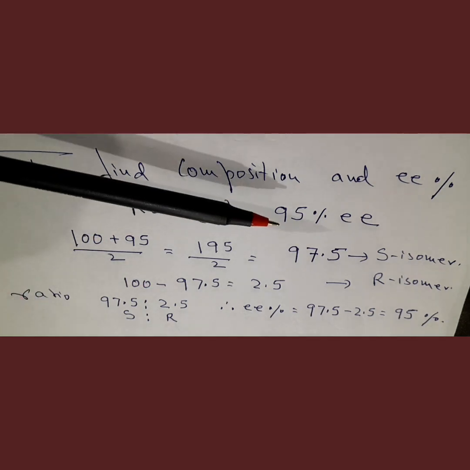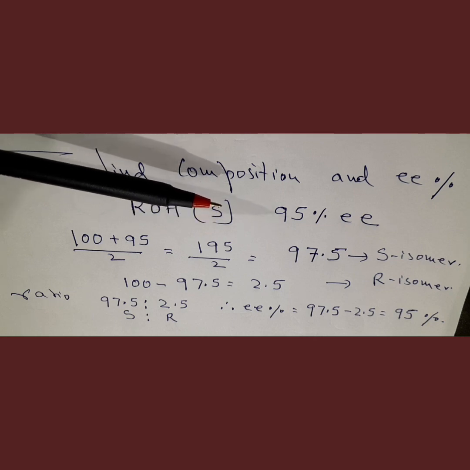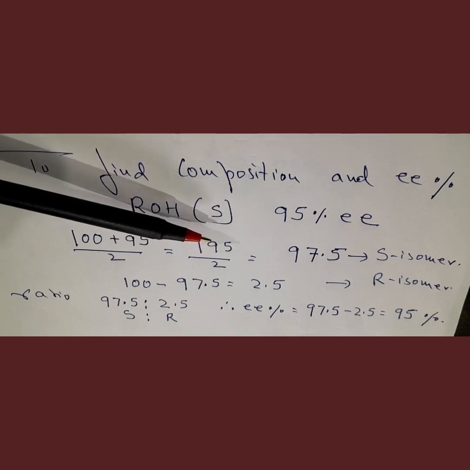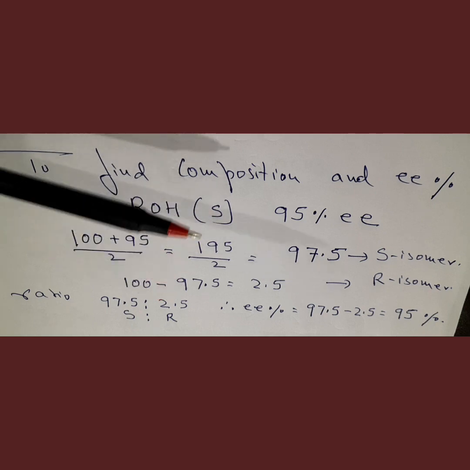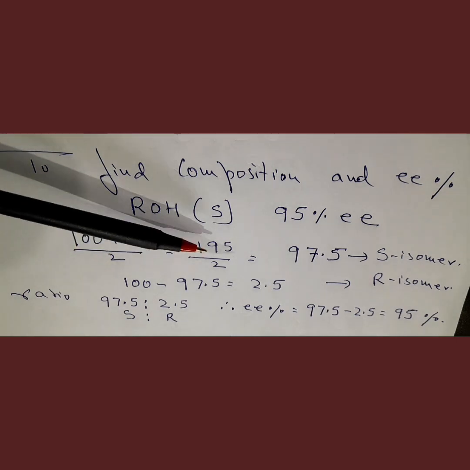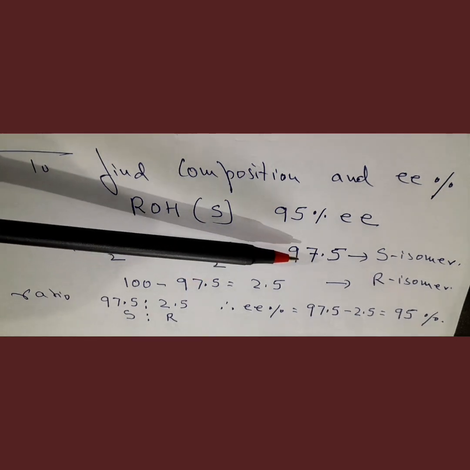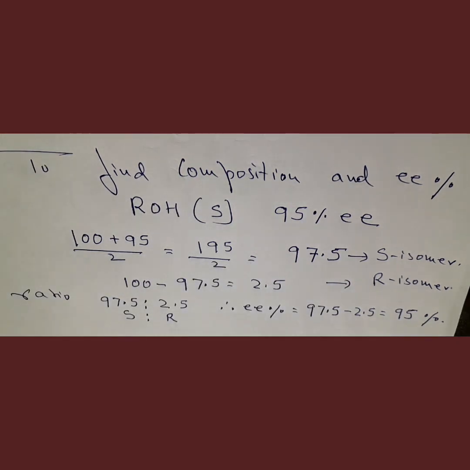It just says that the S isomer is 95% in excess of the R isomer. But how do we calculate the ratio of R to S? This is the method. You do this, divided by 2, and what we get is 97.5. Now that is the ratio of S isomer.